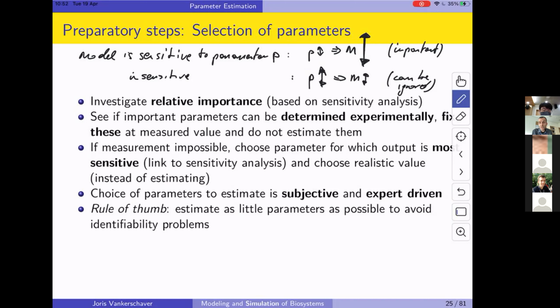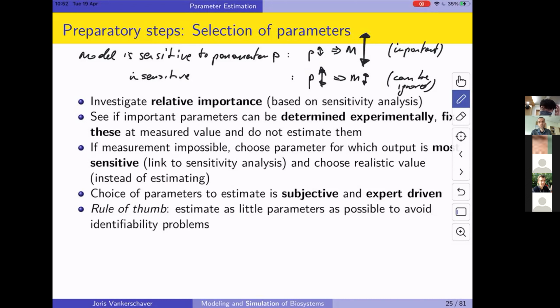If you can't measure it, what you can still do is go to the literature and try to find something out about your parameter, the range that it can vary in, or you can use your chemical or biological or biotechnical background and say, okay, this kind of reaction rate, this kind of temperature is going to be in this range. So I'm going to fix that parameter to a certain value that makes sense.